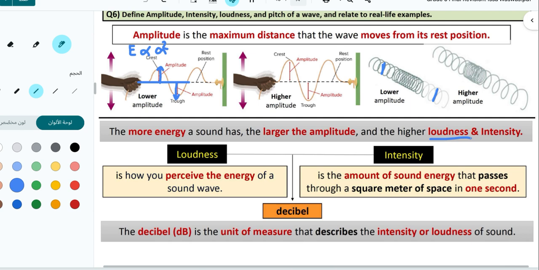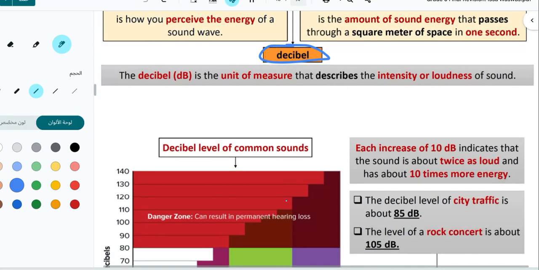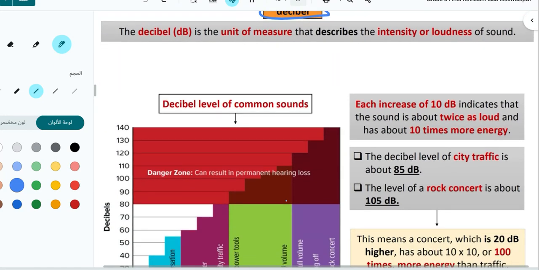Whereas intensity, by definition, is the amount of sound energy that passes through a square meter of space, and the unit of measurement for intensity is the decibel. But we can also think about intensity as how strong it is. So the decibel is a unit of measure that describes the intensity or loudness of sound.